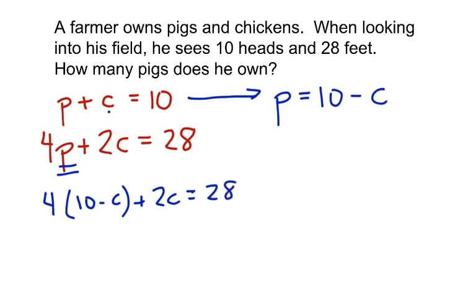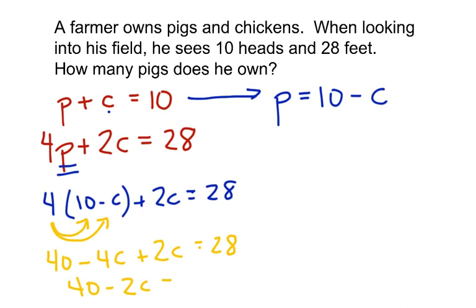So I've got to use the distributive property here to multiply, and I'll have 40 minus 4C plus 2C equals 28. I've got some like terms to combine. I've got 40 minus 2C equals 28.